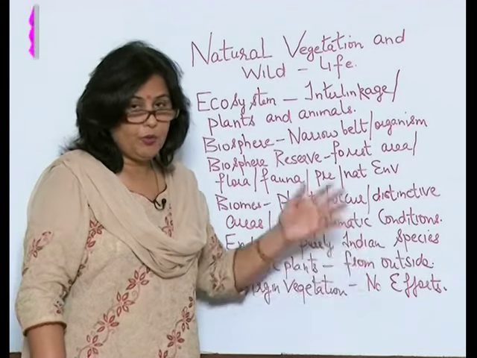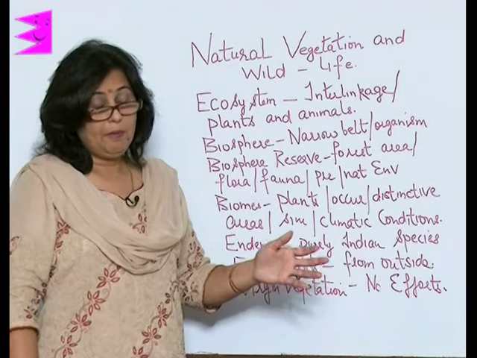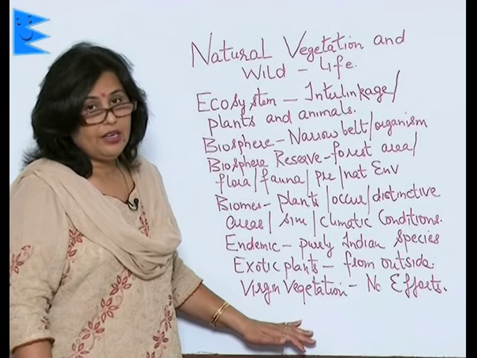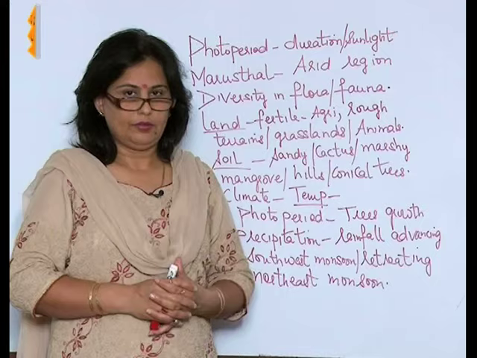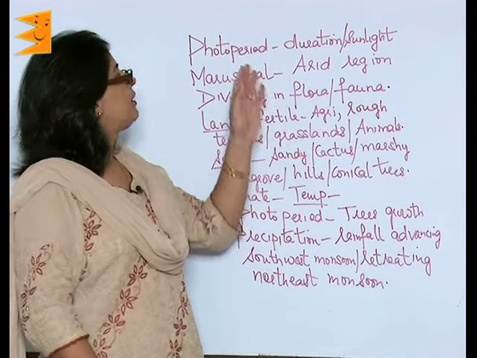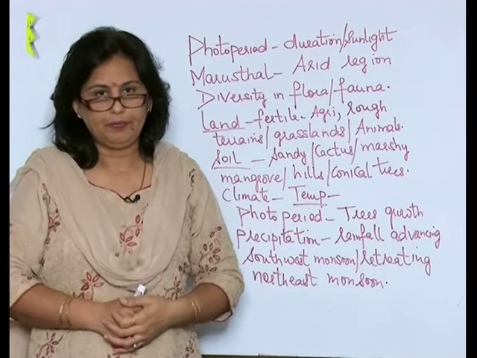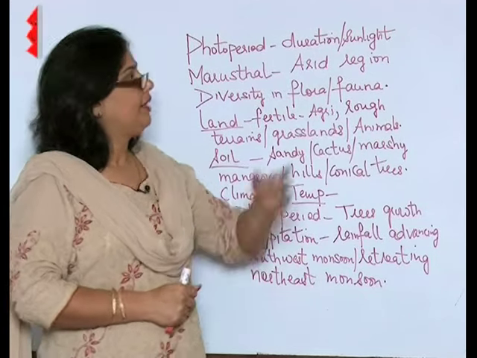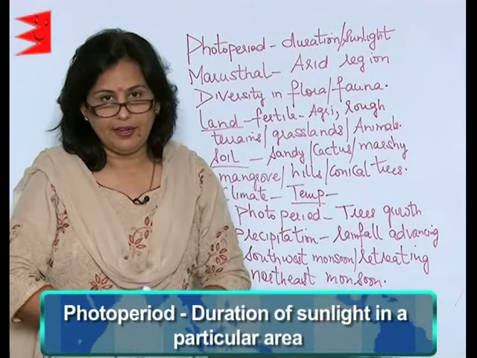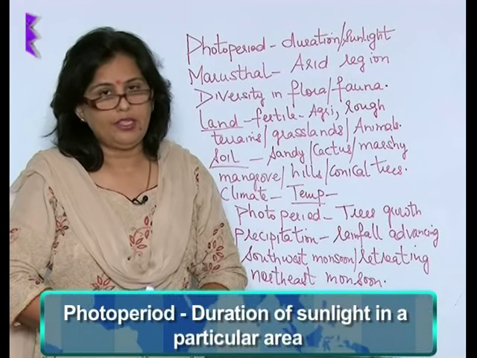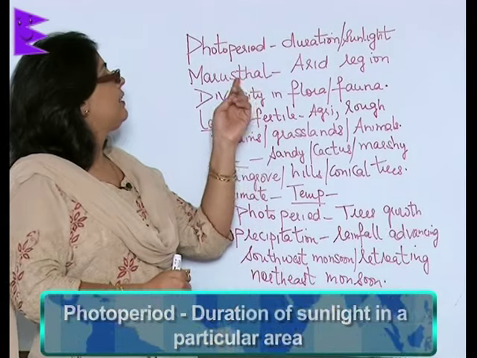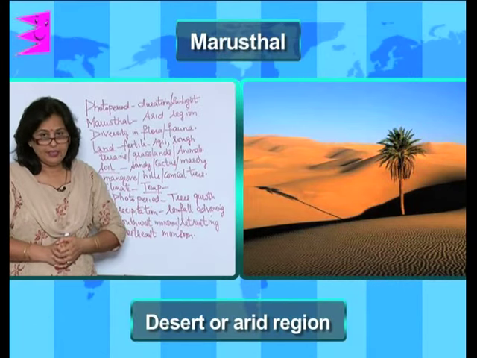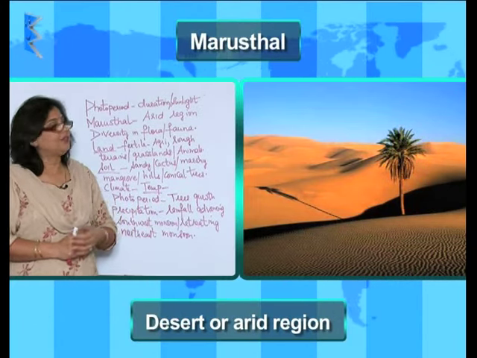So, without human effort, we see plants and trees, that is the virgin vegetation. Next important term is photoperiod. As the name is suggesting, it is in fact the duration of sunlight in a particular area. Next is Marusthal. Marusthal is a desert or an arid region.